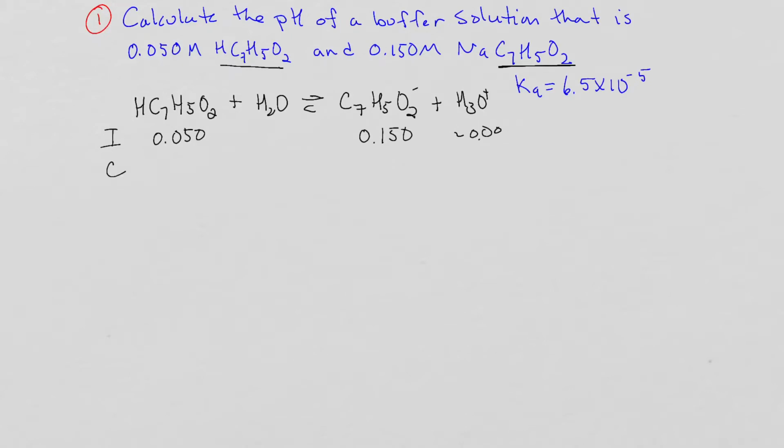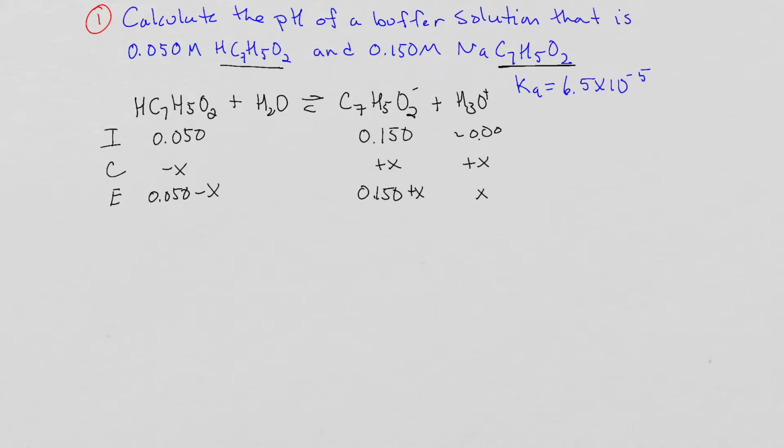So our changes will still be in terms of X. So we're still going to shift toward products because we're going to make some hydronium ion. So we're going to go minus X, plus X, plus X. So our equilibrium concentrations are going to be 0.050 minus X, 0.150 plus X, and X.